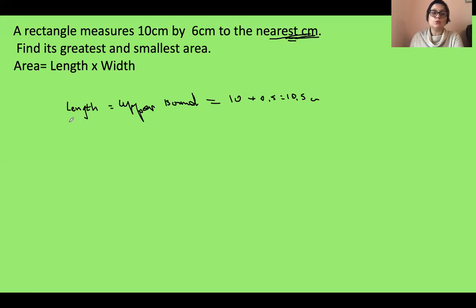Now for the width, again upper bound, I'm going to call it UB. It is going to be 6 plus 0.5 equals 6.5 centimeters.